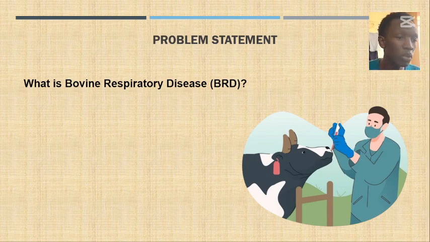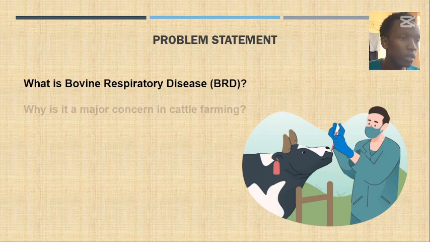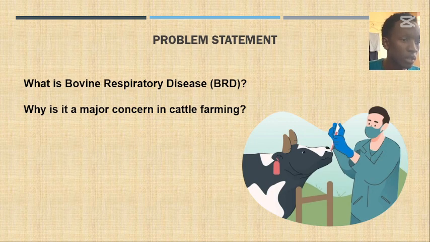It's one of the most common and costly diseases in the beef and dairy industry, and it's mostly caused by a single pathogen or germ, but it's also multifactorial, meaning it results from a combination of viral infections, bacterial infections, and many others. Why is it a major concern? It is a leading cause of illness and death in feedlot cattle, resulting in significant economic losses.